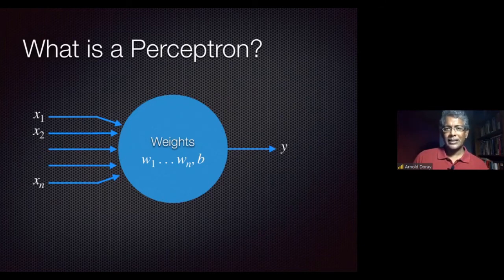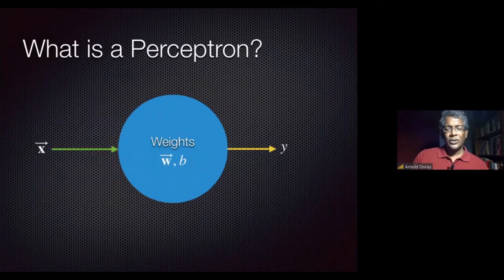The perceptron has weights w1 to wn corresponding to x1 to xn, and a bias b. Somehow it combines these together to produce an output y, which is a scalar as well, a number.